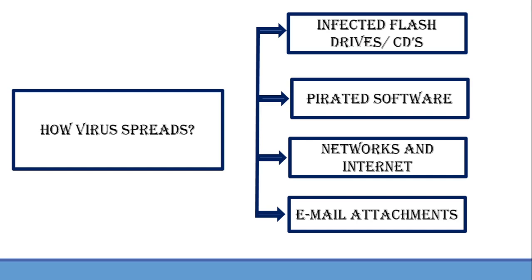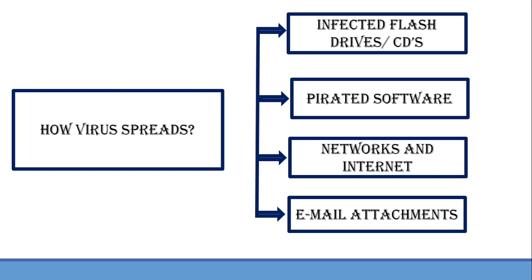Third is networks and the internet. Files shared on a network and downloaded directly from a computer or the internet are among the fastest growing sources of computer virus infections, because nowadays we rely on the internet very much.